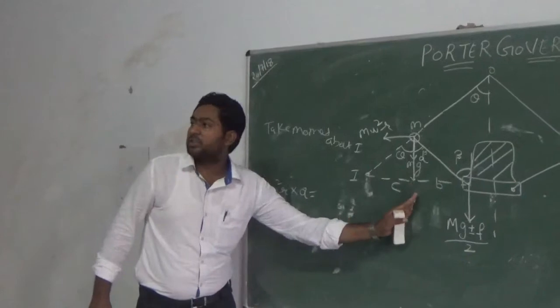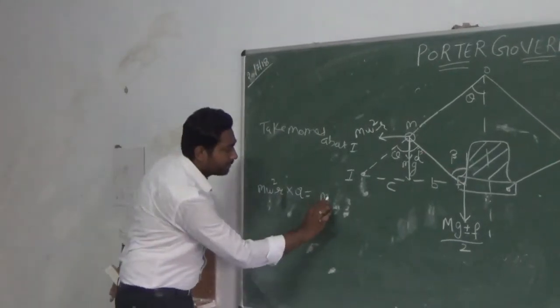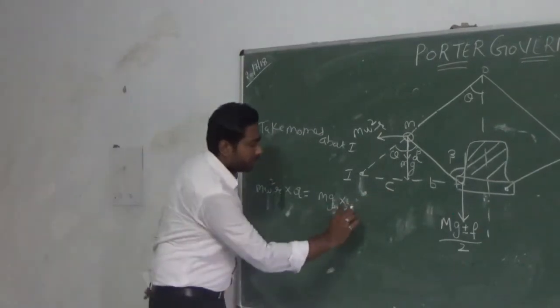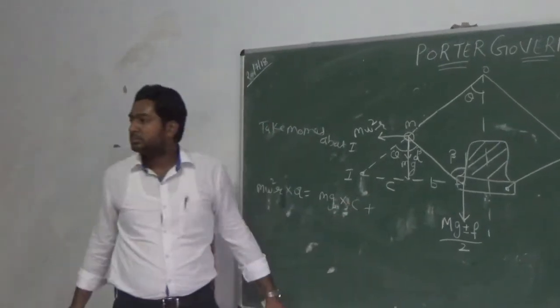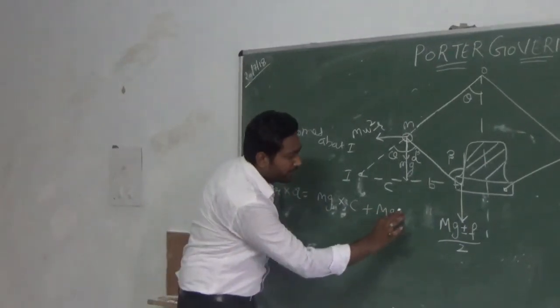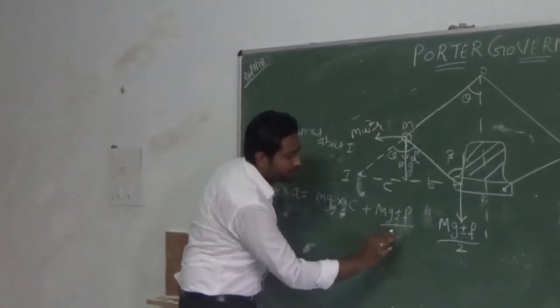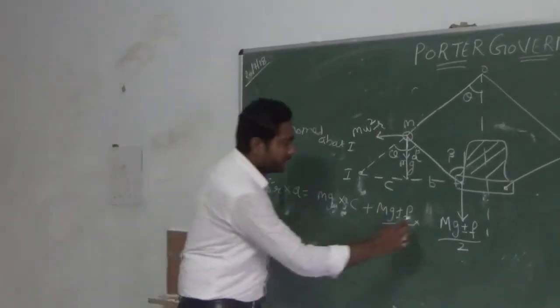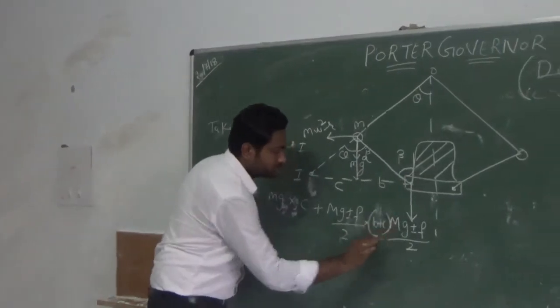Now vertical forces: mg into c plus capital MG plus minus f by 2 into b plus c. Got it?